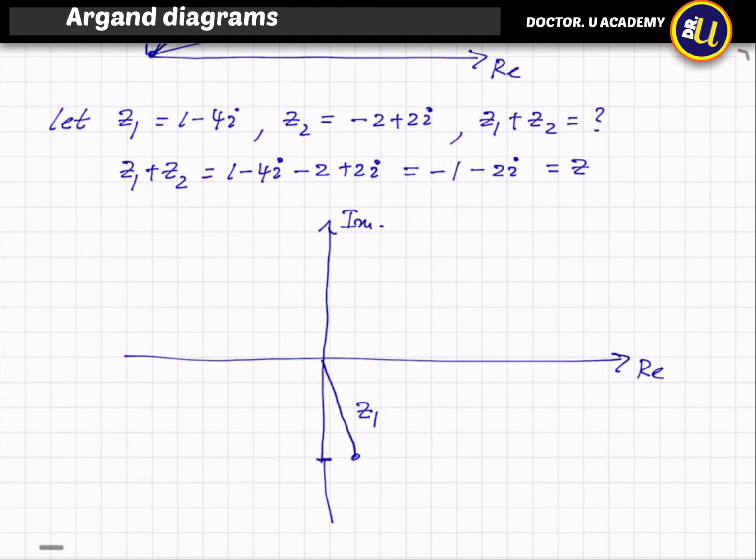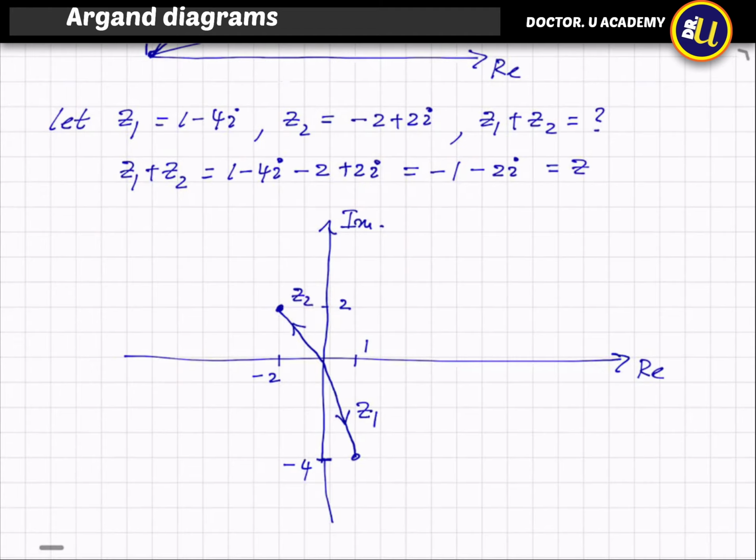This coordinate is 1, and this coordinate is minus 4 on the imaginary axis. Now what is z2? z2 is minus 2 plus 2i. 2i means over here, minus 2 is over here, so it goes here. This is going to be your z2.